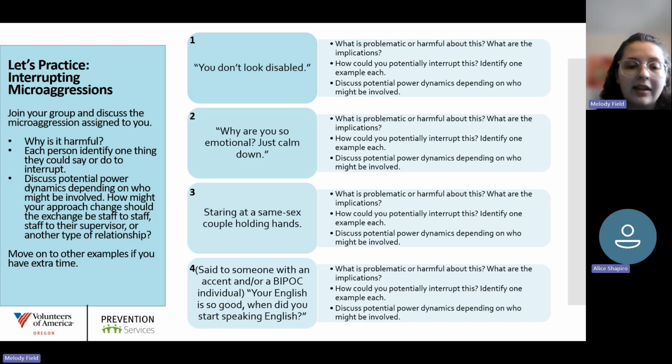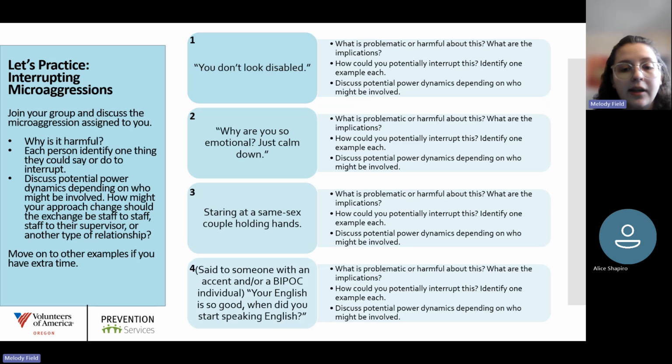In the best situation, not to put it onto the person being harmed, but if they felt comfortable, they could say, it sounds like you're trying to give me a compliment, but this really was hurtful to me. English is the only language I speak.